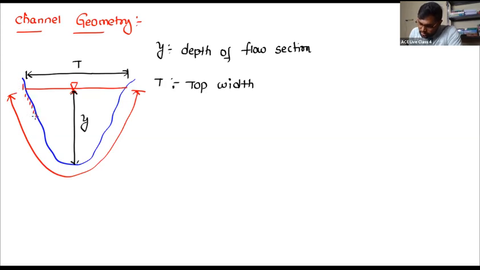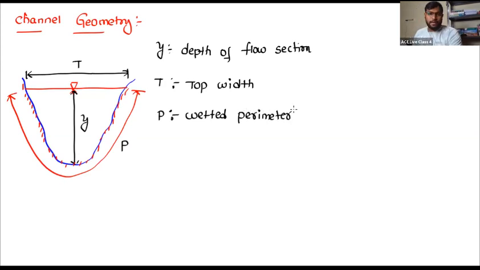Yes or no? Just now, before the break, I mentioned that the length of the solid boundary in contact with the water is the wetted perimeter, right? So this is known as P, where P is the wetted perimeter.